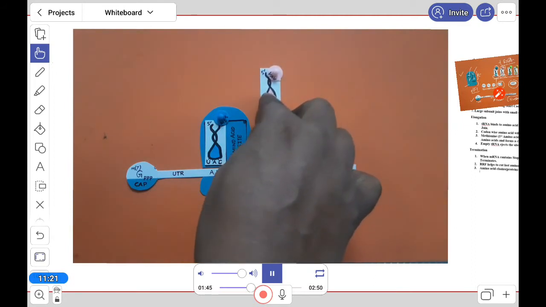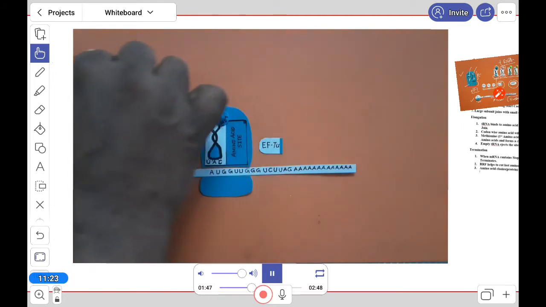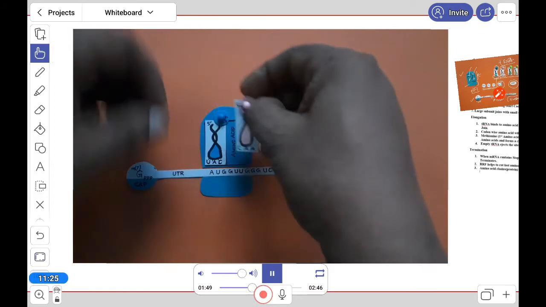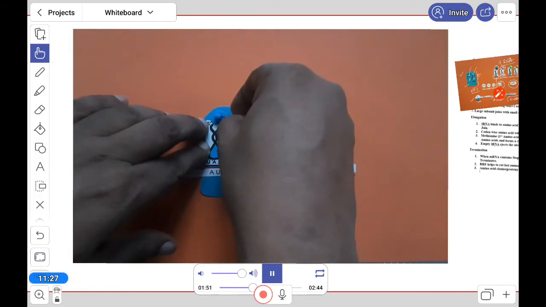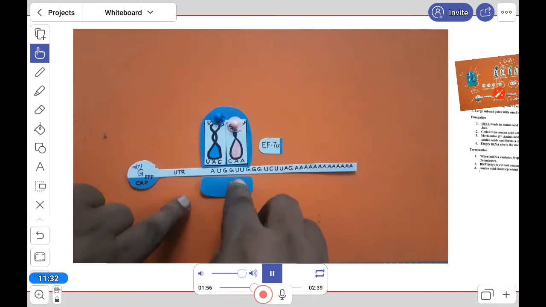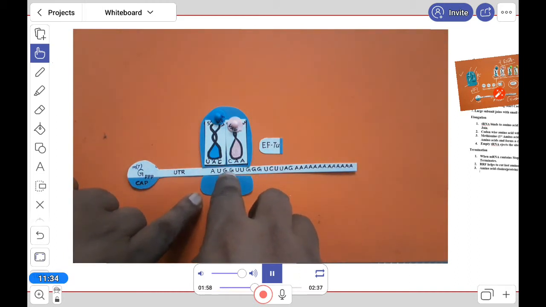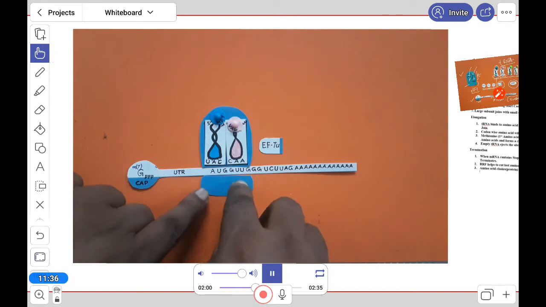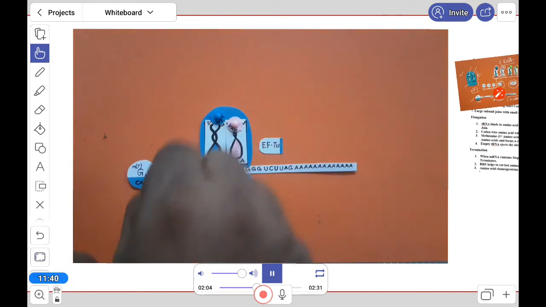You can see the anticodon comes with the tRNA, carrying the amino acid valine. So you can see the CAA, GUU, and the valine and methionine.